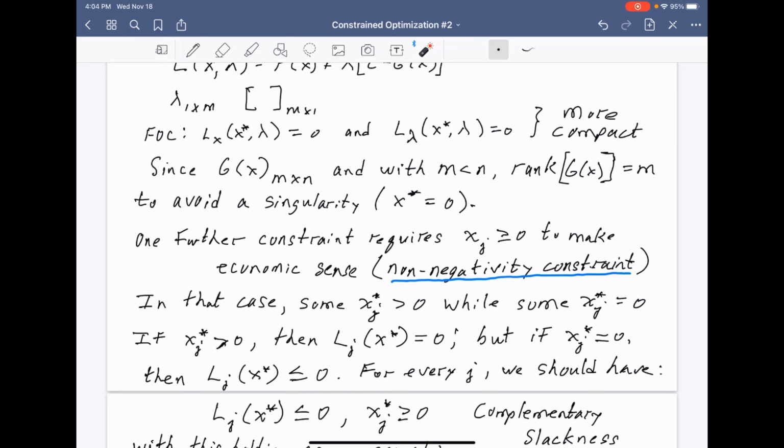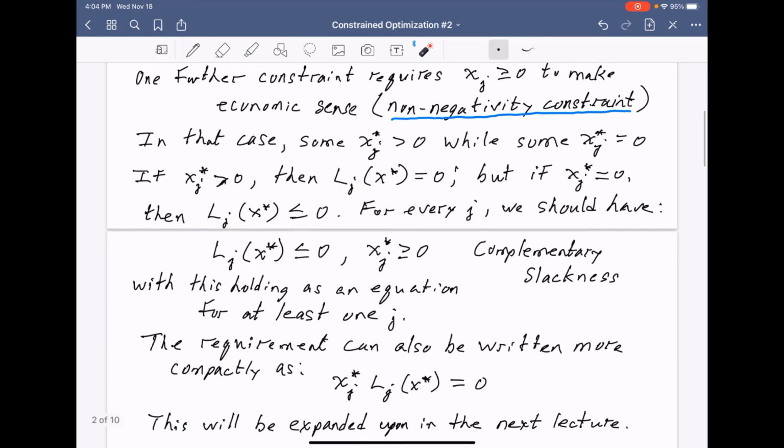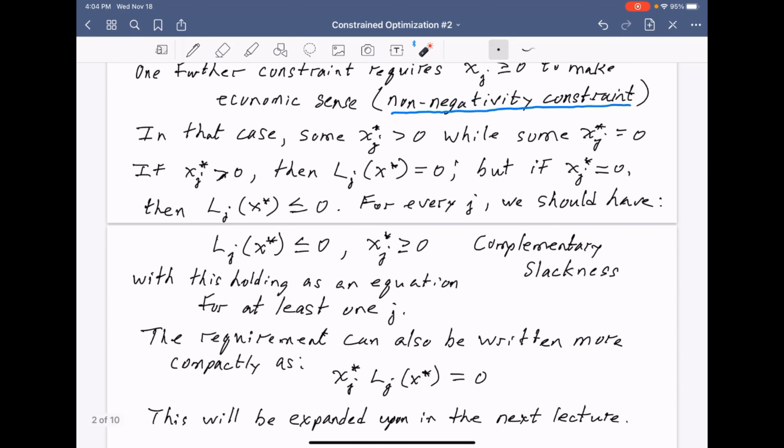So for every j, we should have that the partial of L with respect to xj at the optimum is less than or equal to 0, and the optimal solution xj is greater than or equal to 0.